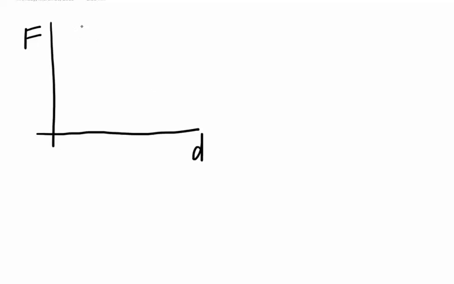Okay, so from Friday or Thursday, whenever you did your lab, we graphed force versus distance. And you guys were such good little graphers that you got something really cute like this. And eventually, that looked like the force was proportional to 1 over d squared.